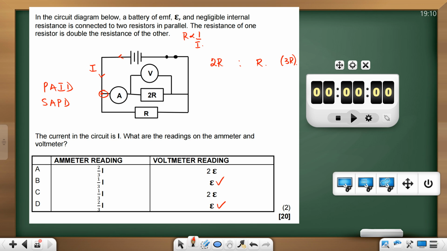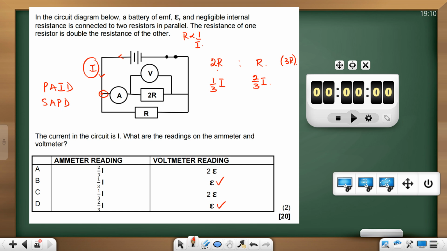But I want to divide it. Because they are inverse, I'm going to swap it. So we want to divide I in the ratio of 1:2. For this one, I'll be using 1/3 times I. And for this one, I'll be using 2/3 times I, because I am switching them. They are inversely proportional.